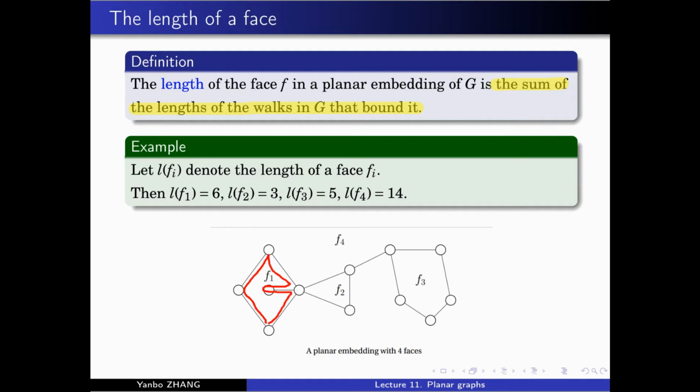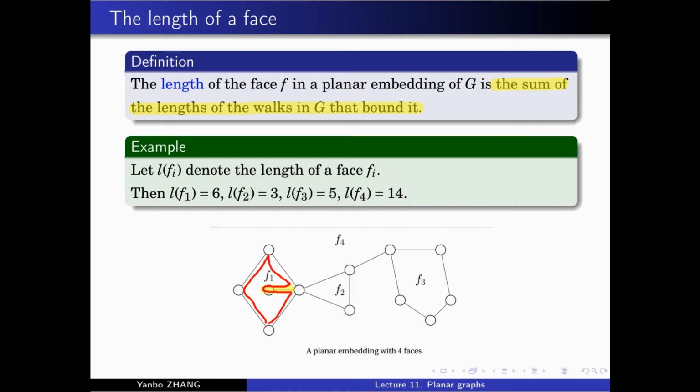Note that the length of a face is not the number of edges incident to the face, but the length of the walk bounded. To calculate the length of F1, this edge is counted twice. Why? Because every edge has 2 sides.